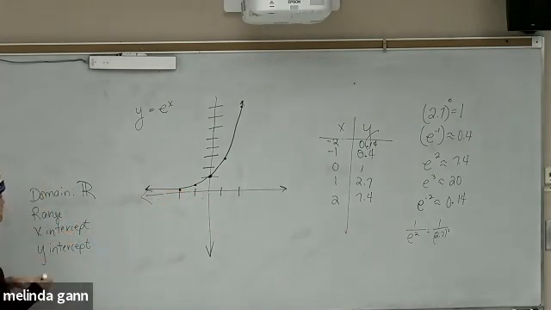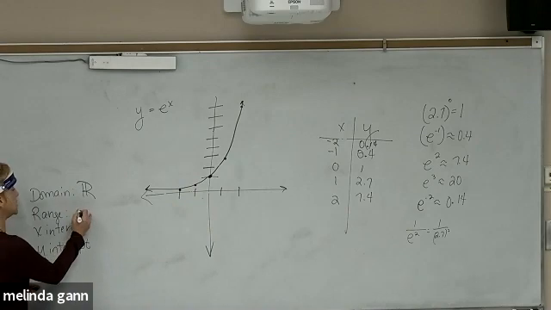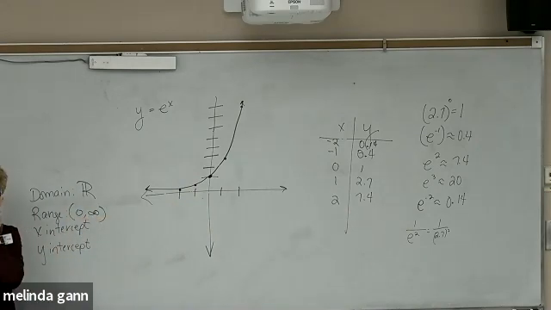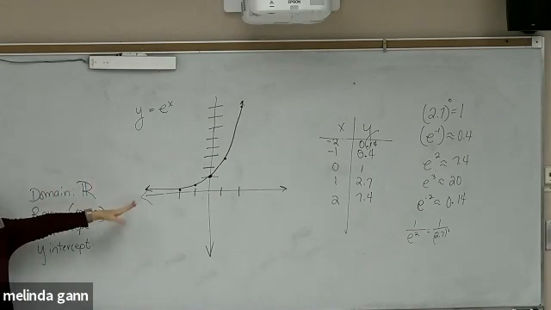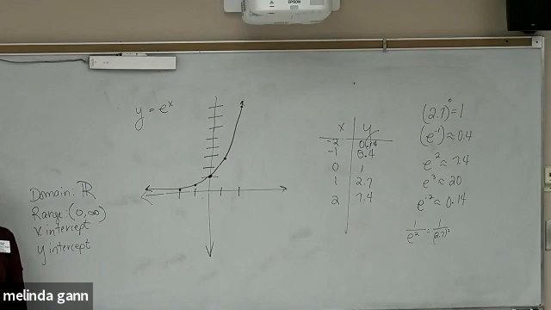So that's what they're going to tell you here, that your range is from 0 to infinity. Now that's just a fancy way of saying start at 0 but don't include 0. Remember we talked about that parenthesis versus that bracket? And it goes forever. You might just say all positive numbers. That'd be okay. But you need to notice that your y values are never negative on that graph.